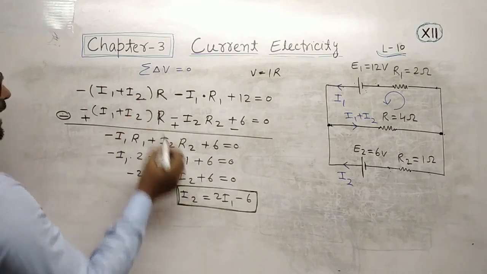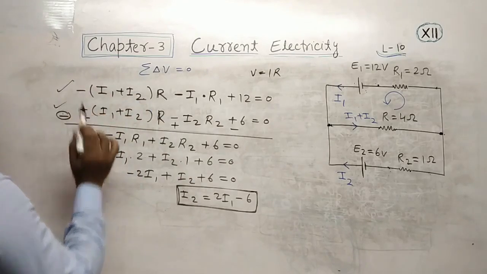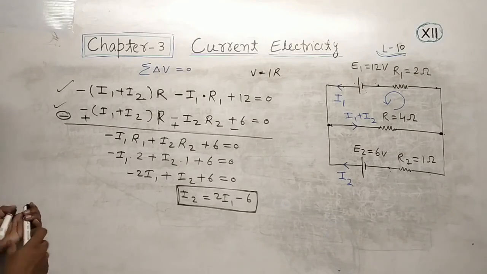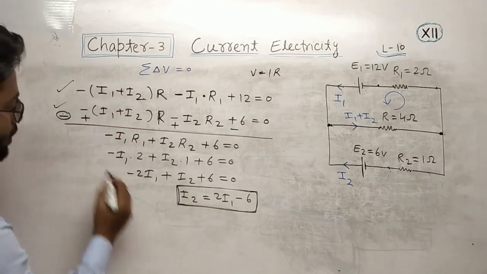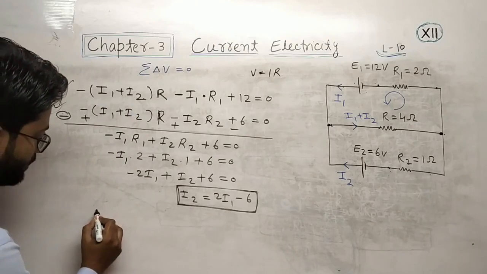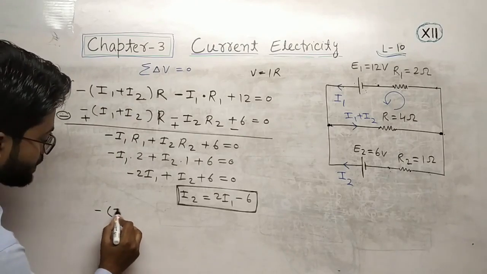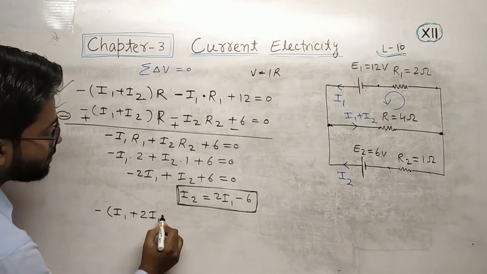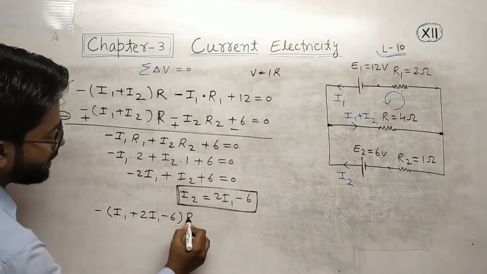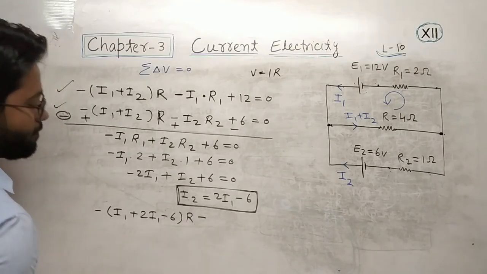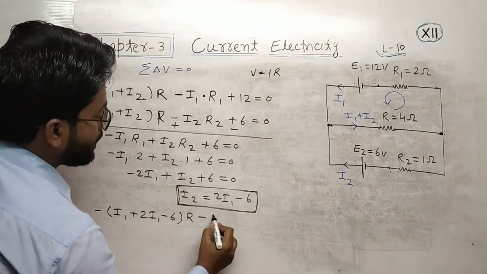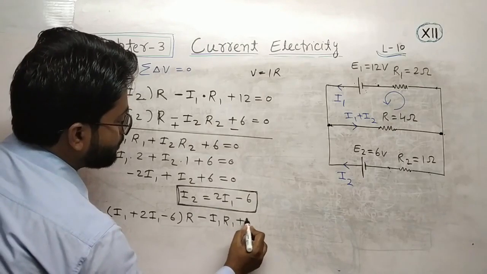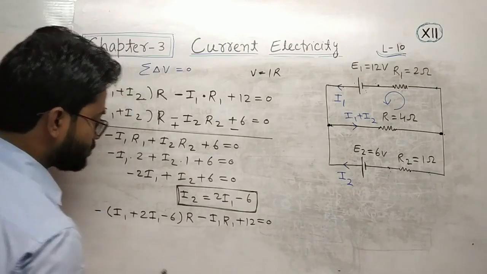Put the value of I2 in this equation or this equation, and you will get the answer. Put the value of I2 here, that will be equal to minus (I1 plus 2 I1 minus 6) times R minus I1 R1 plus 12 equals 0.